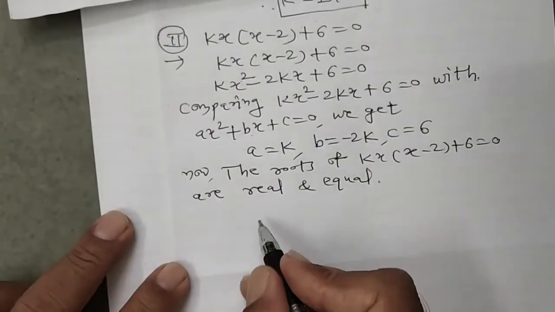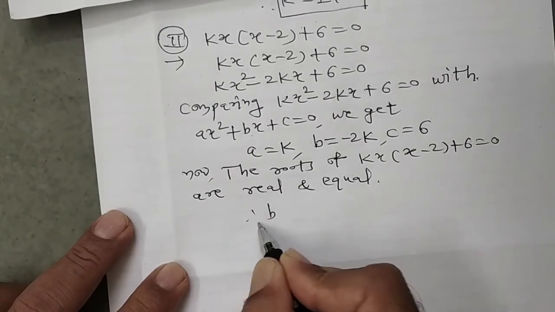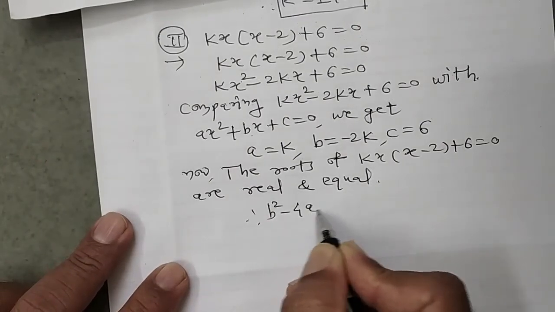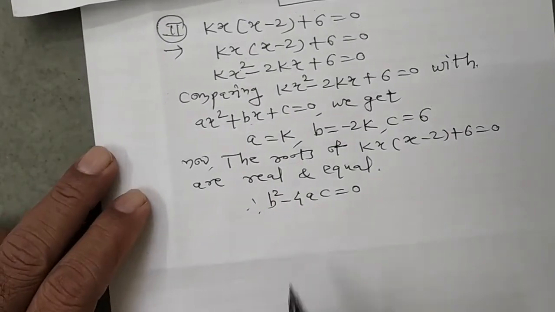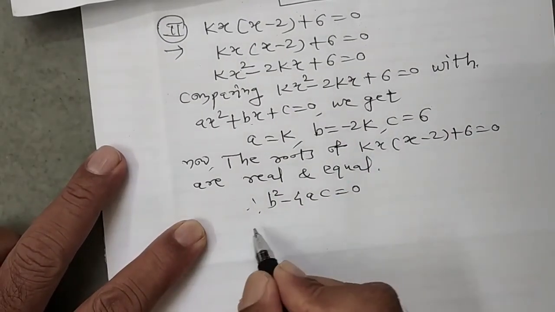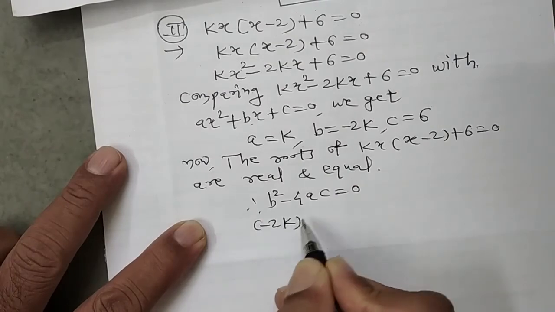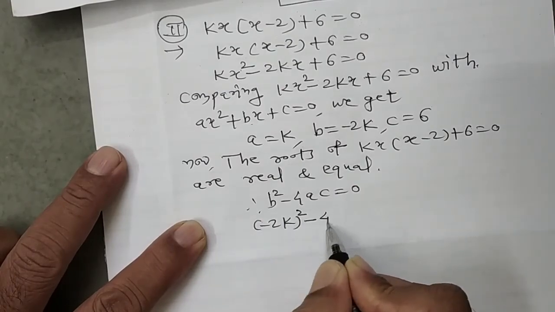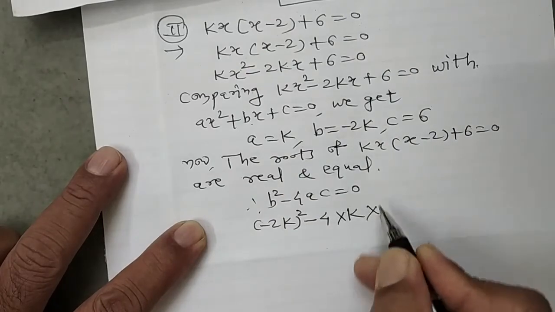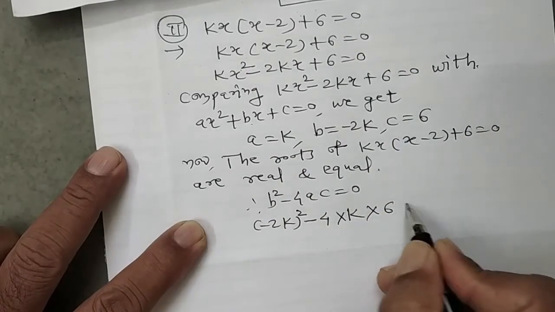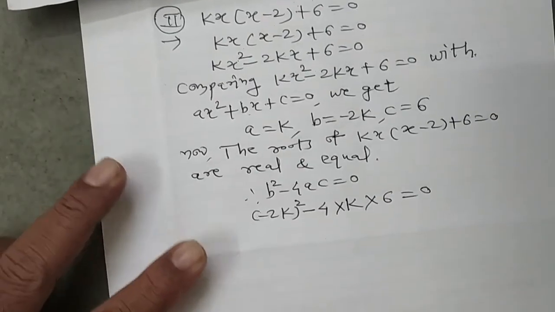Therefore the condition is b square minus 4ac is equal to 0. Now put values. Value of b is minus 2k whole square minus 4 into a, which is k, into c, which is 6, is equal to 0.